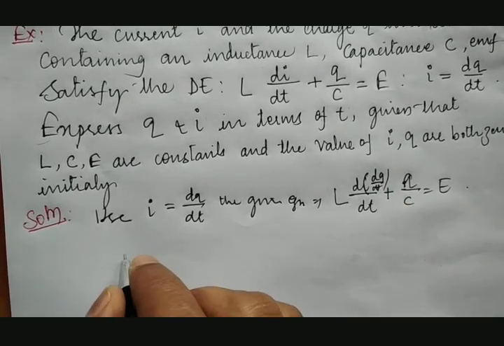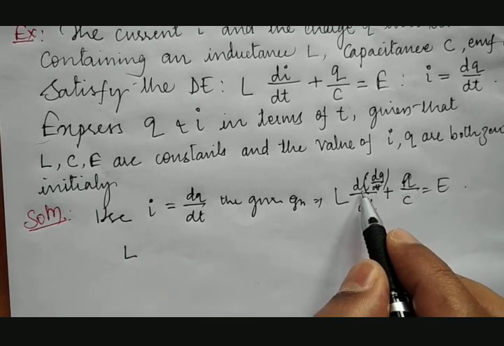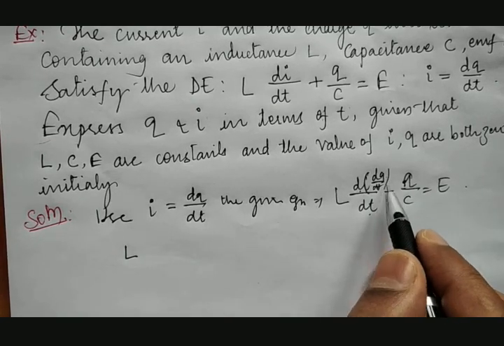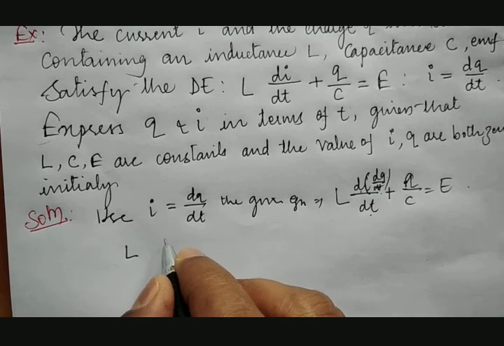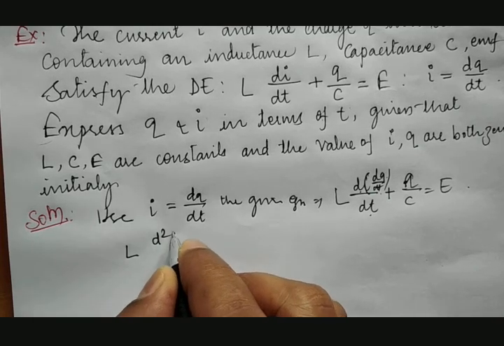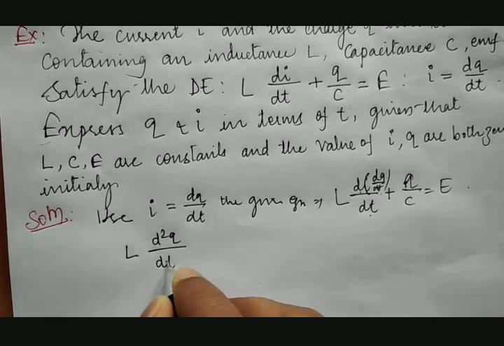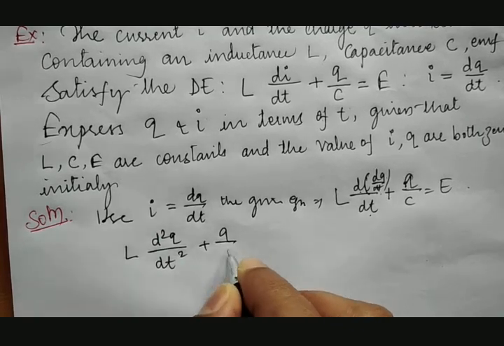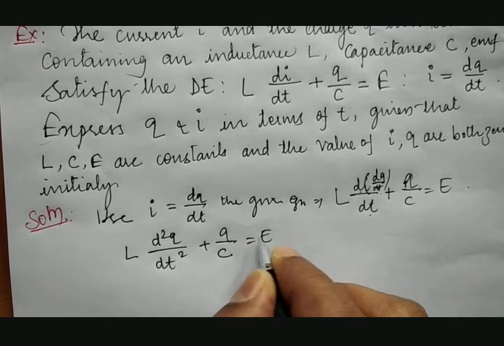Then this equation becomes L into d by dt of dQ by dt, which is second order now. So it is L d square Q by dt square plus Q by C is equal to E.